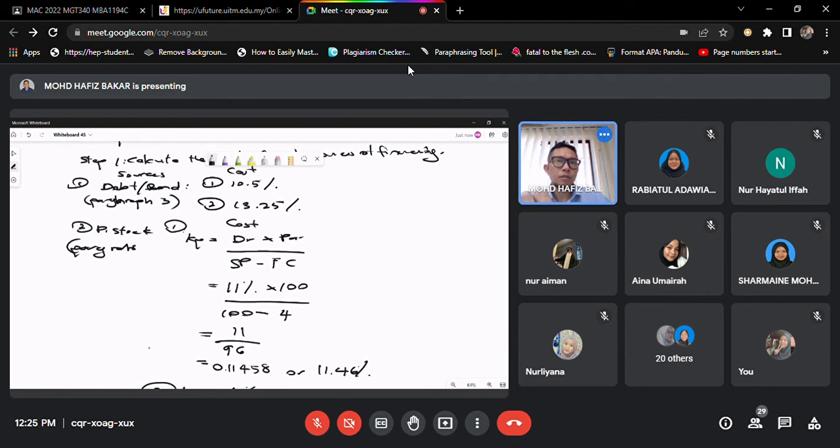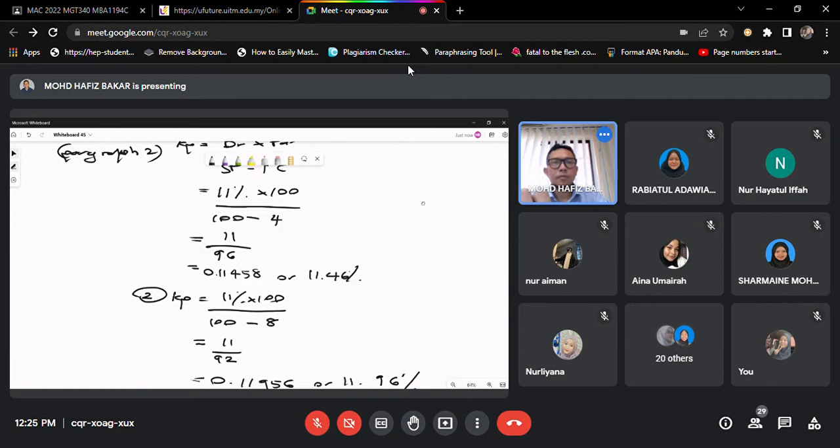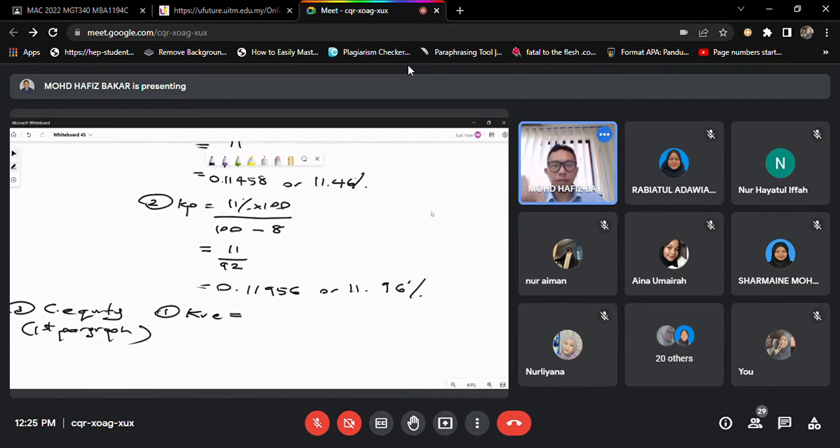So in the first paragraph, KRE, the cost of retained earnings, will be 12%. And the new common stock, KCS, will be 15%. So they use two types of cost, retained earnings and common stock. Okay, so this is the first step.